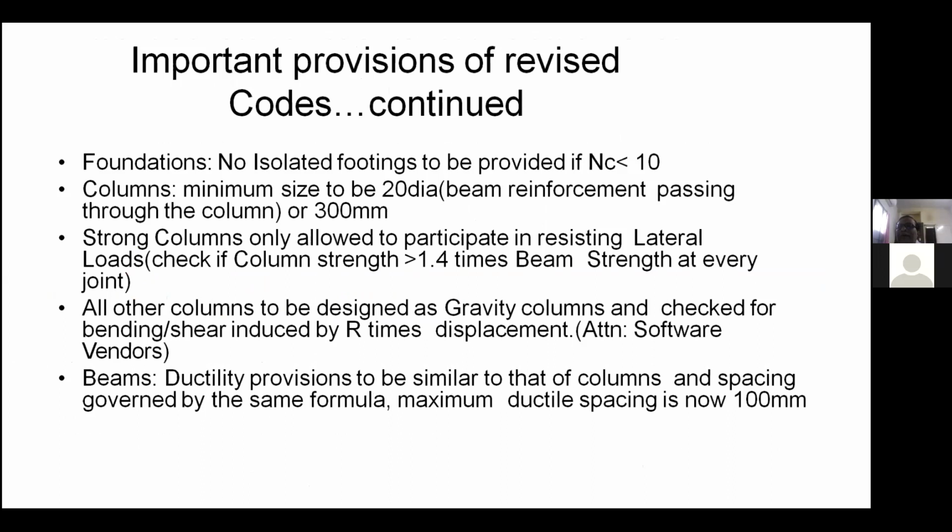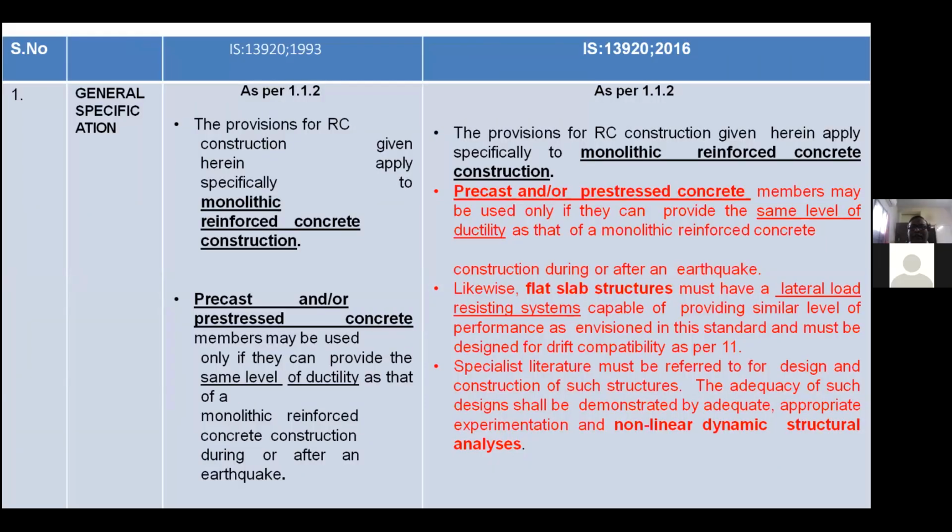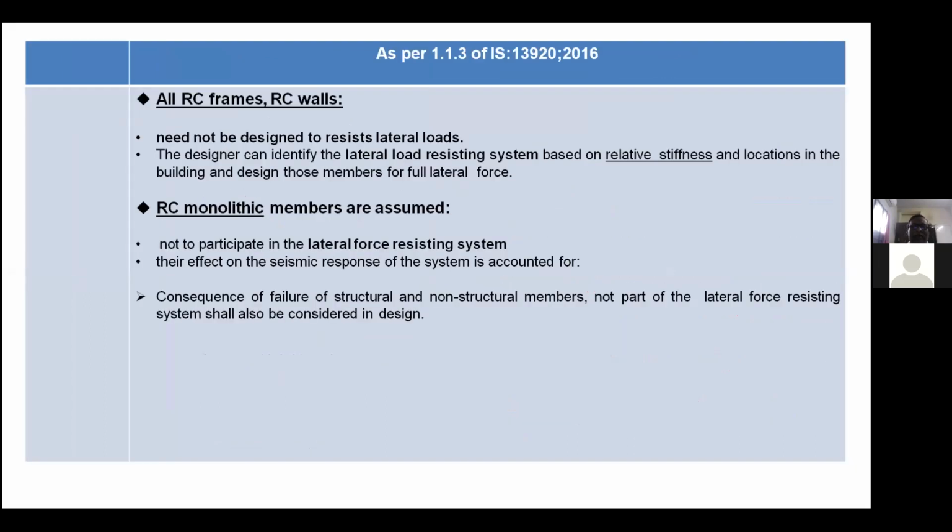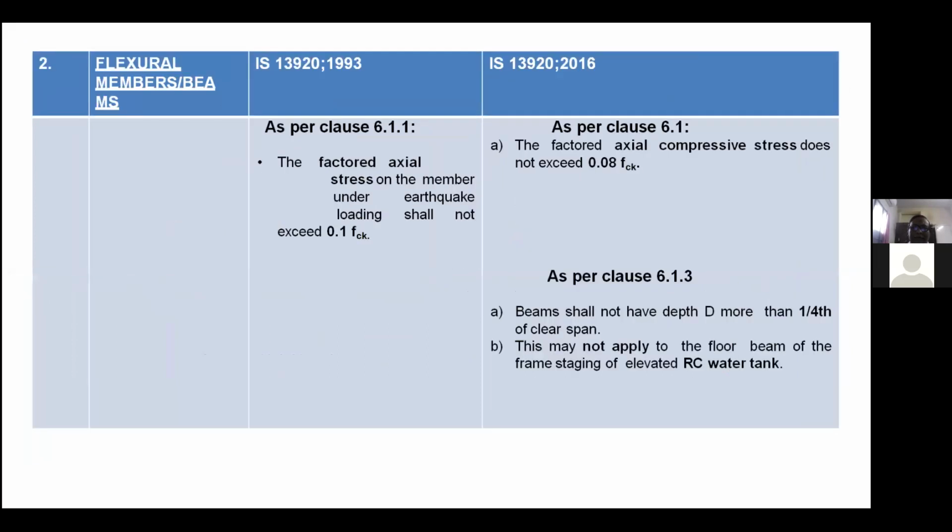I have given important design guidelines for various elements, sizing of structural members, and all these things. The 13920 1993 code and the 13920 2016 code are compared in various ways. This is mainly required for the design engineers.